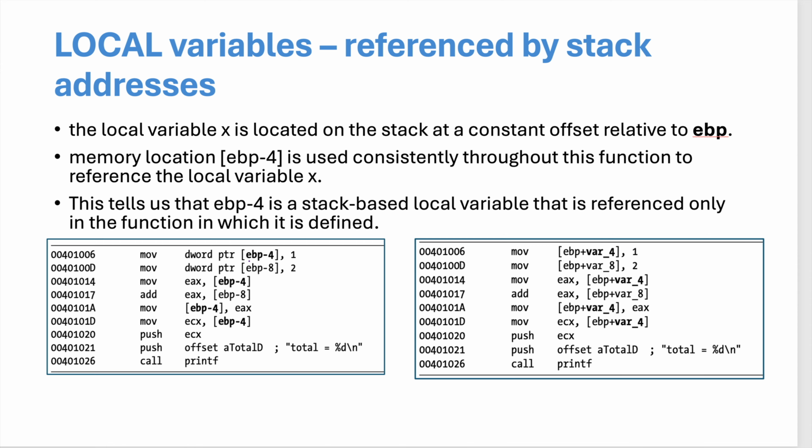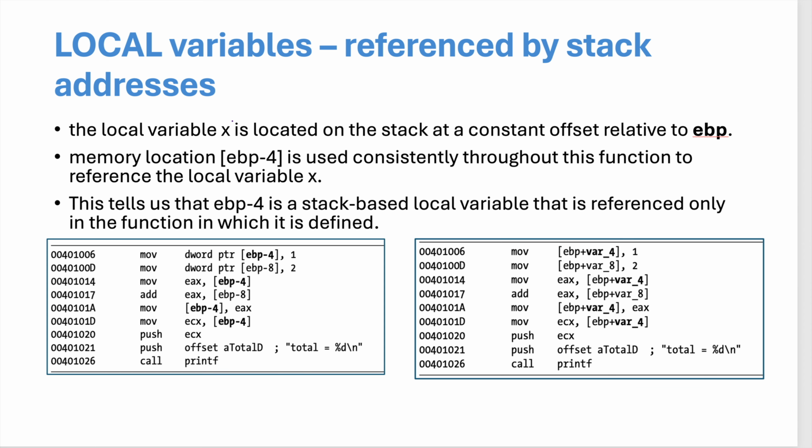So you see how it says EBP minus 4, because that minus 4 signifies it is an offset. Anytime you see an offset, that is a stack address. And so local variables are in fact referenced by stack addresses.